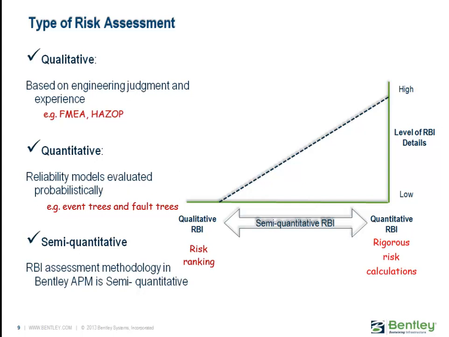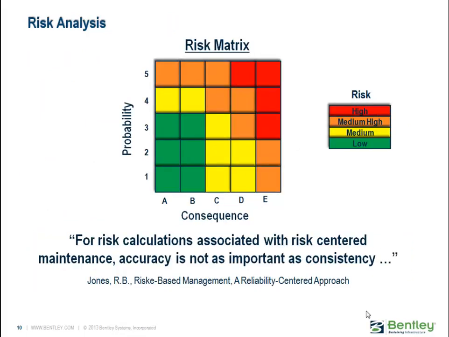Complexity of risk analysis is a function of the number of factors that can affect the risk. The RBI analysis method in Bentley APM is semi-quantitative. The risk presented as a precise numeric value in a quantitative analysis may imply a greater level of accuracy when compared to a risk matrix provided by a qualitative analysis.